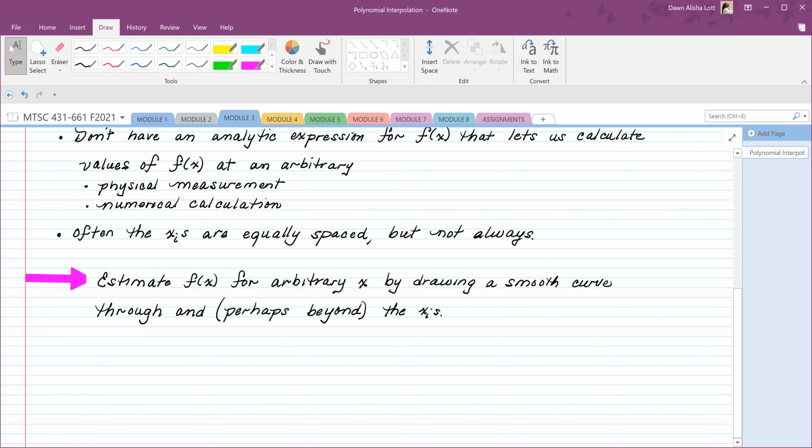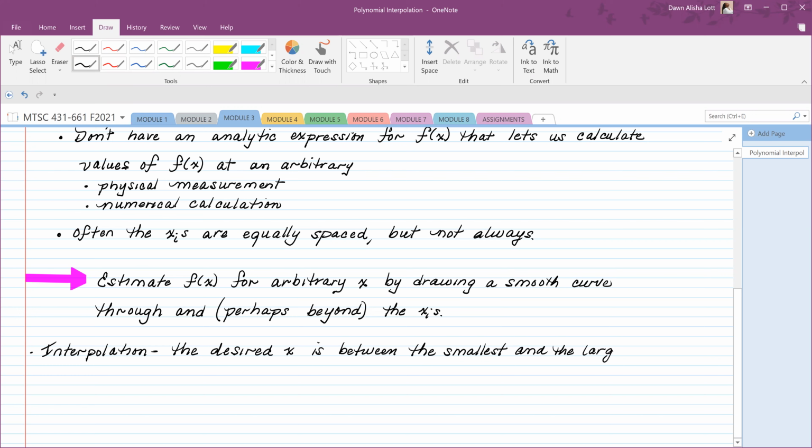So interpolation is when the desired x is between the smallest and the largest xi's.